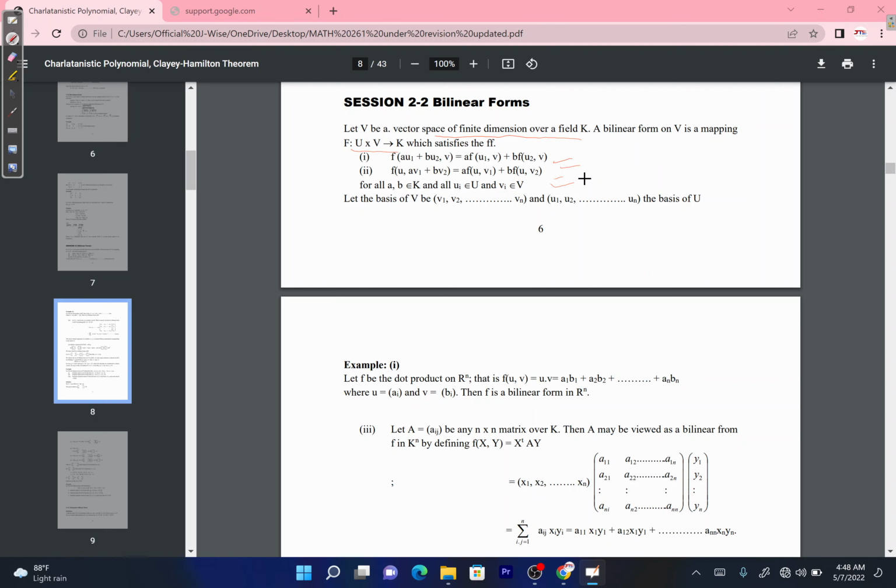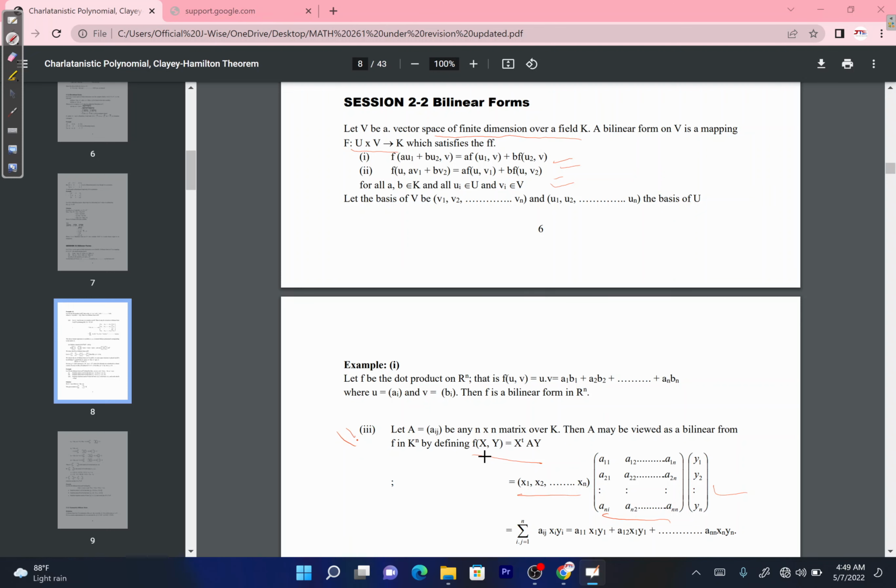Also, when you have any n by n matrix A, we can view A as a bilinear form defined by this. We choose a vector X of finite dimension, meaning it has a finite number of elements, and any square matrix A, and a vector Y of finite dimension.